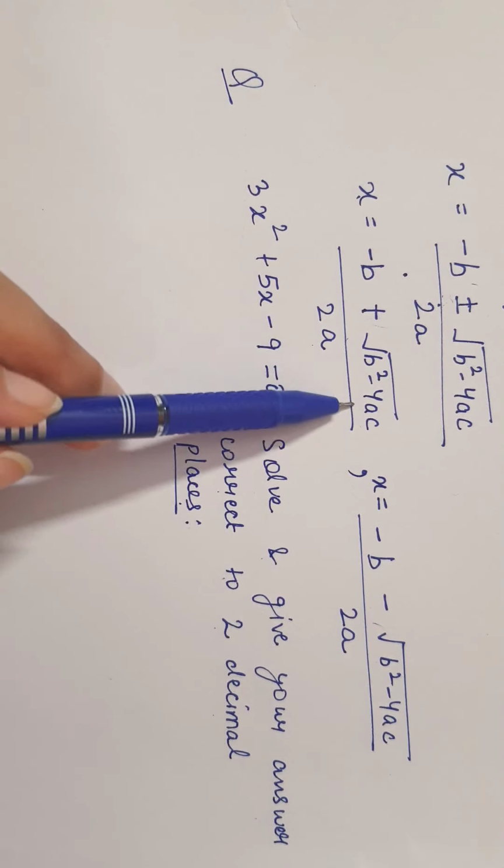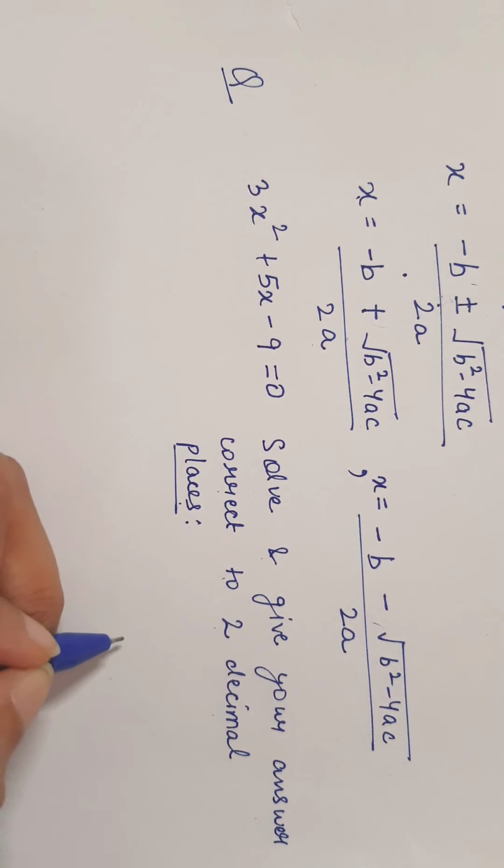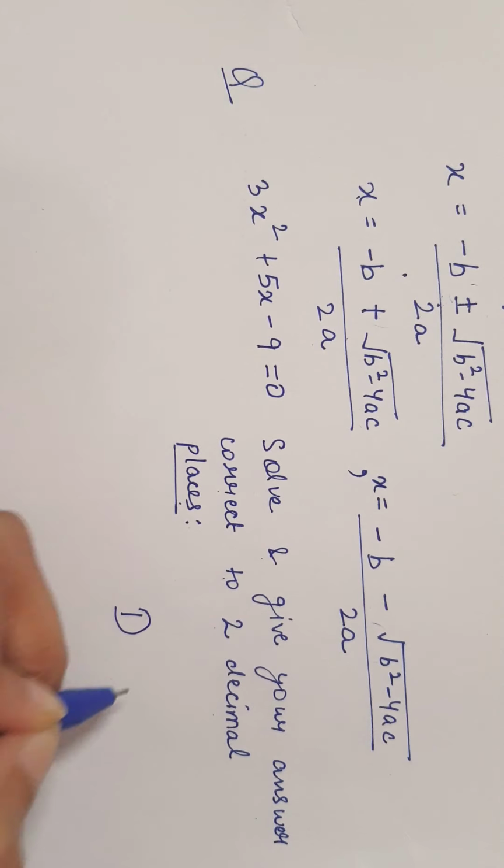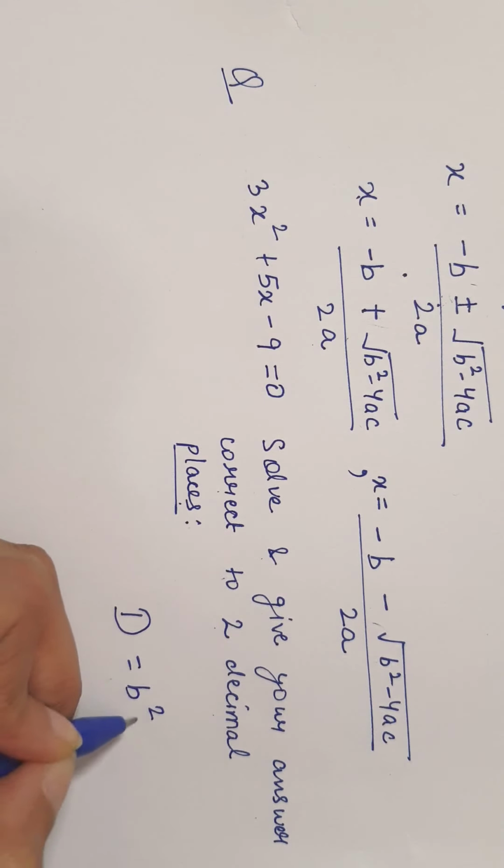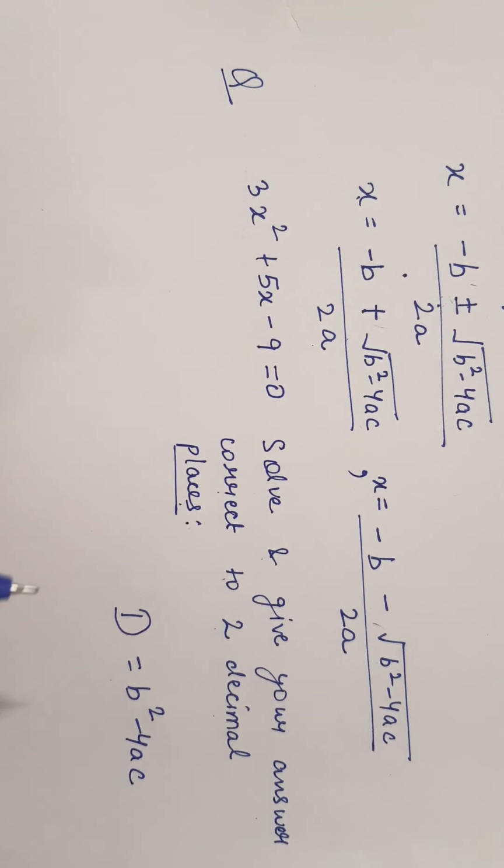Do you remember what it is? Yes, the formula of the discriminant was b square minus 4ac, that we had used to check the nature of the roots, whether the roots are real and equal, real and unequal, or imaginary.